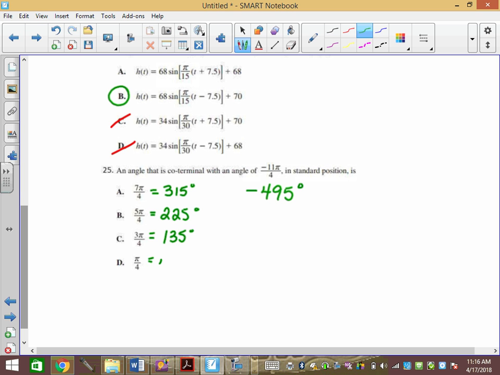Pi over 4 is 45. Add 360. Negative 495 plus 360. Negative 135 plus 360 is? B.